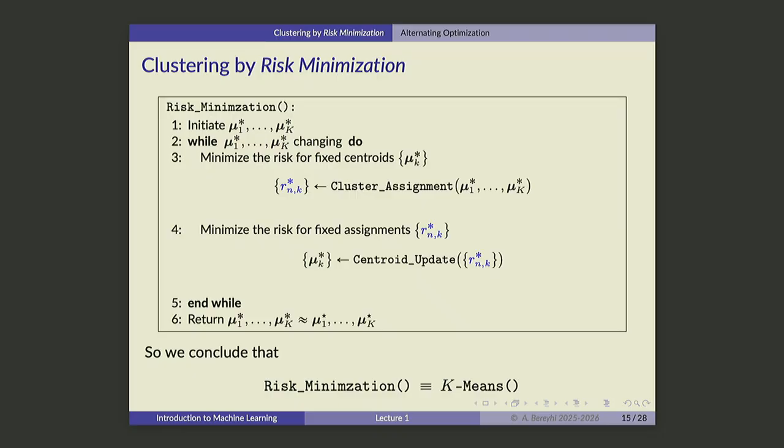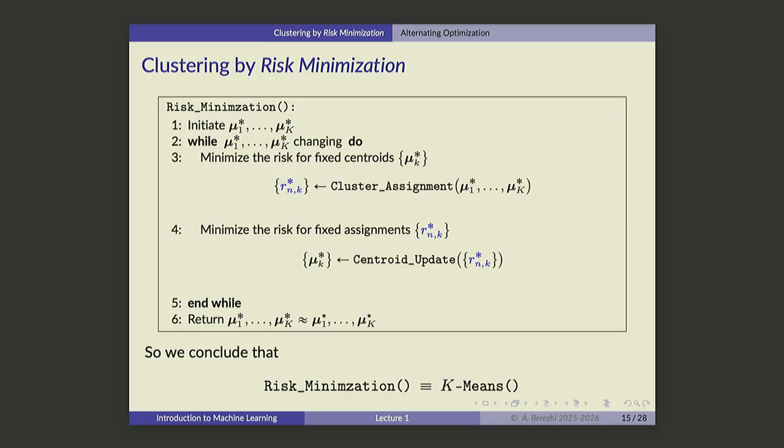I'm unsure why it's not necessarily an optimal problem if we don't alternate. Oh, if you don't alternate, you definitely can. You mean you just optimize R and then mu and that's it? Like just try to minimize the risk without fixing either. Oh, you cannot solve the problem. Computationally, it's hard.